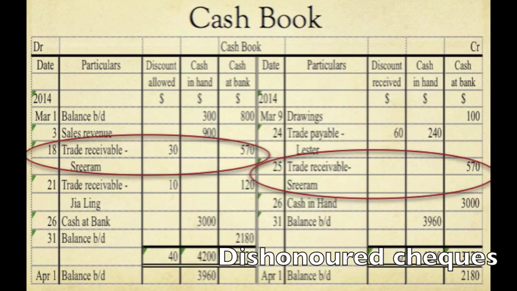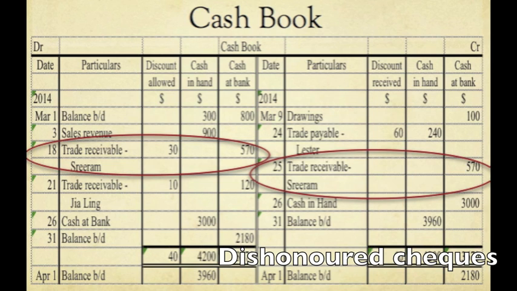Let's look at one special kind of transaction. On the 18th, we debited a check of $570, and we gave a discount of $30 to our trade receivable Siram. So that means Siram paid up for his trade receivable, and we gave him a cash discount.